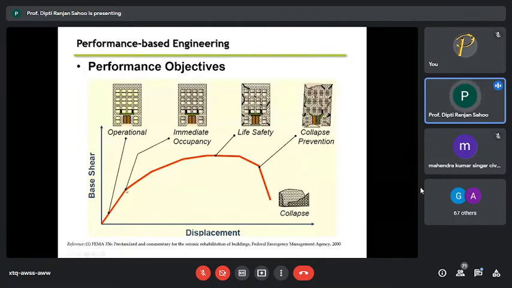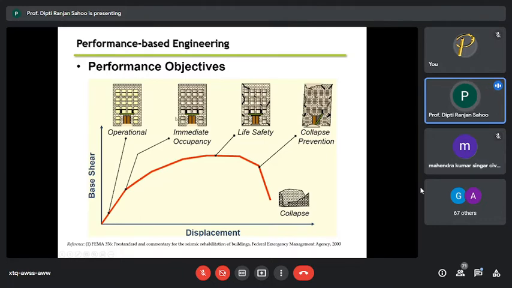Just at the yield point or just after the yield point, if your structure is at that level, I can say this is immediate occupancy, which is very limited damage. And then somewhere here, before your ultimate point, it's called life safety, and just before the collapse is your collapse prevention.